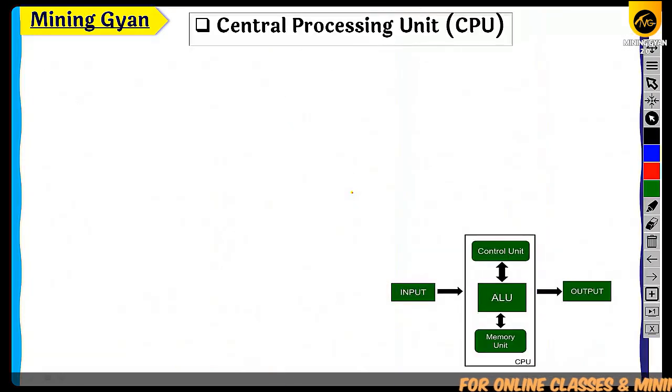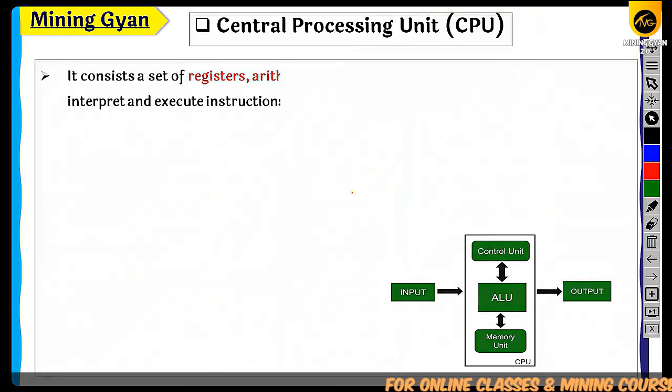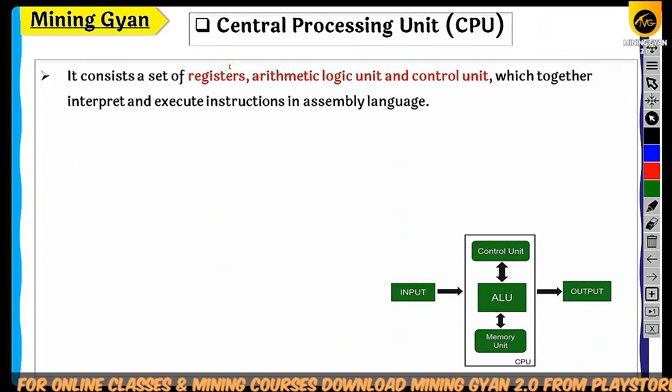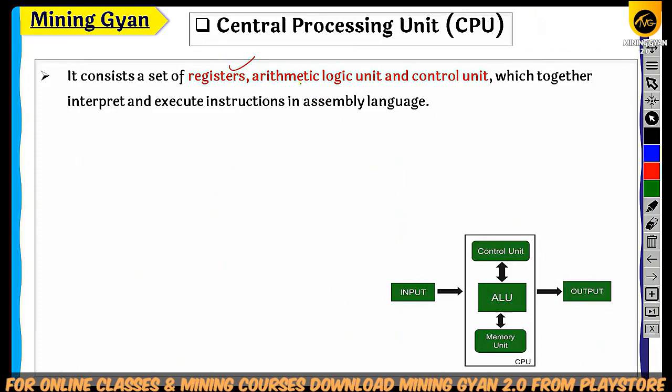So the next one is the central processing unit. It consists of a set of registers, arithmetic logic unit, and control unit. So CPU consists of registers. There are many types of registers which are used in the CPU.